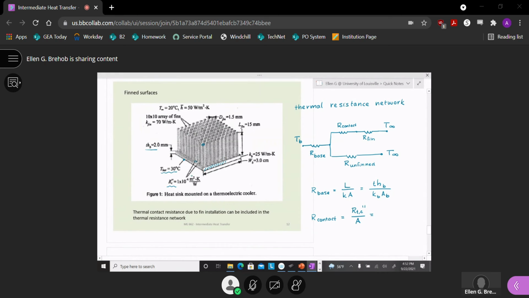And if I was going to write that in terms of this problem, they wrote it as an R contact double prime, and then I have to put in the total area. So it's the number of fins that I have, and the cross-sectional area of one fin.